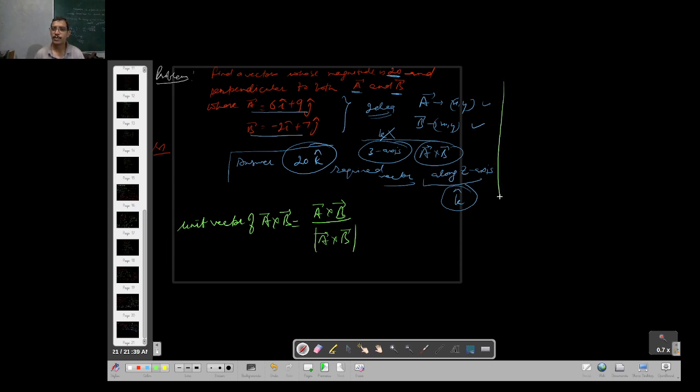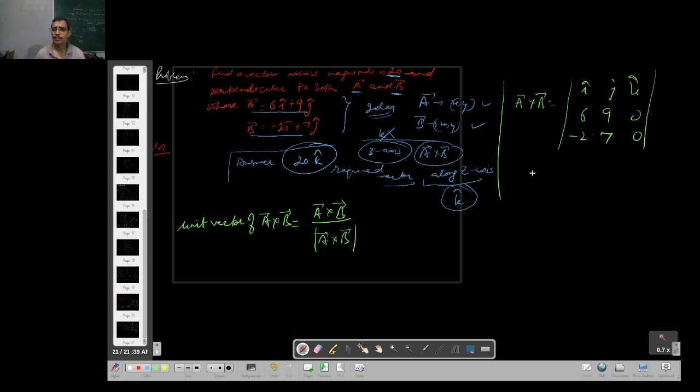Let us first find A cross B. A cross B is equal to the determinant with i, j, k, then 6, 9, 0 and minus 2, 7 and 0.